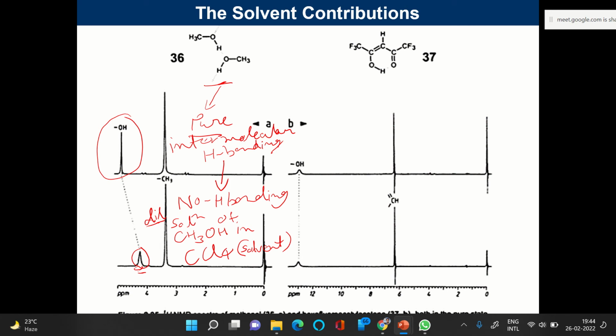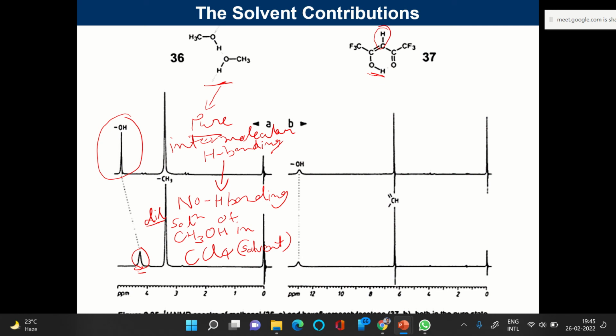In contrast, there is another example of this particular molecule. You can see you have two types of hydrogen protons. One is the hydroxyl proton here, and another one is the CH proton.